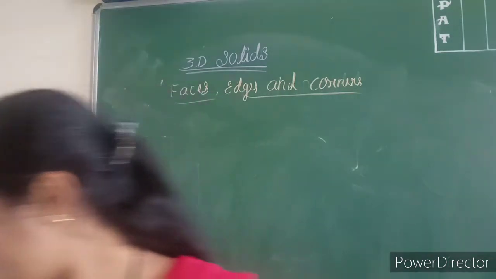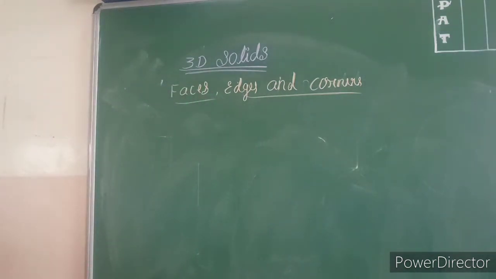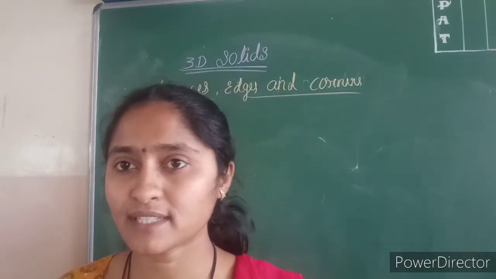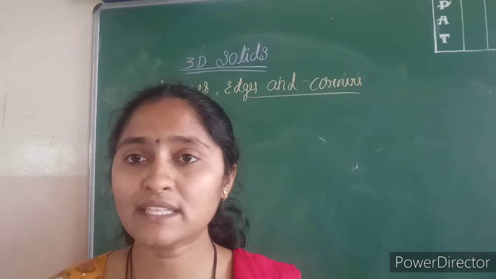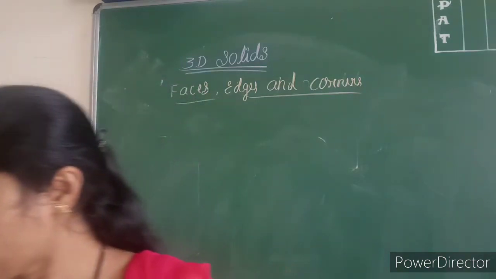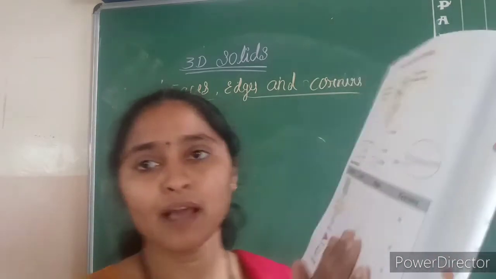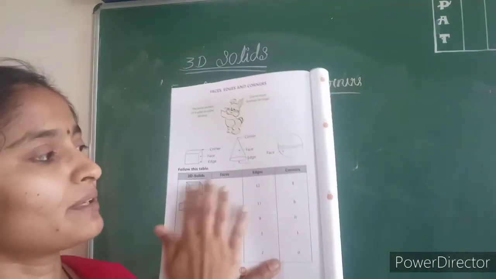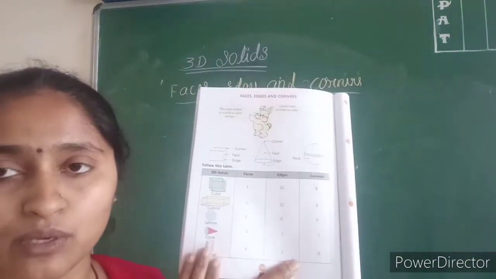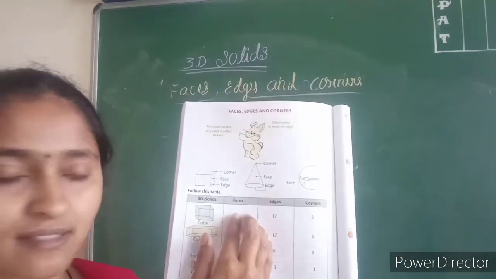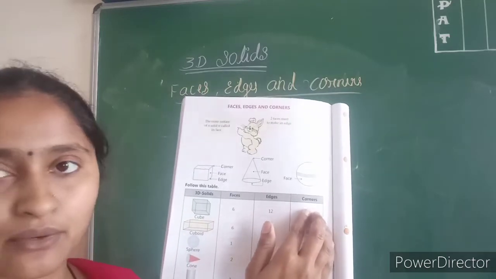Okay. So now you have learned how many edges, corners and faces all these 3D shapes have. In your textbook they have also given it in a tabular column showing how many faces, edges and corners all these solid shapes have. Okay. So a cube has 6 faces, 12 edges, 8 corners.